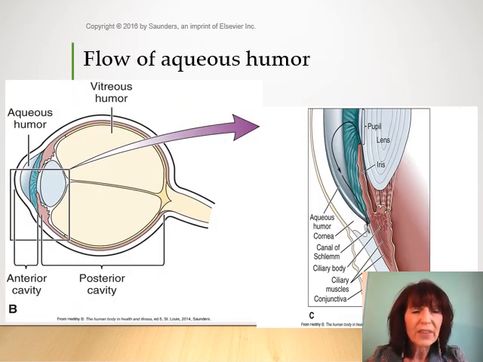So here we've got the aqueous humor right here. And this is the vitreous humor. This is anterior, posterior. This is going to the optic nerve. Then here you can see a little bit closer up the aqueous humor, the cornea, the canal of Schlemm, the ciliary body, and the muscles, and the conjunctiva, some people call it.